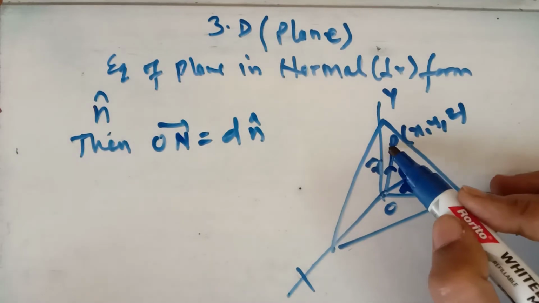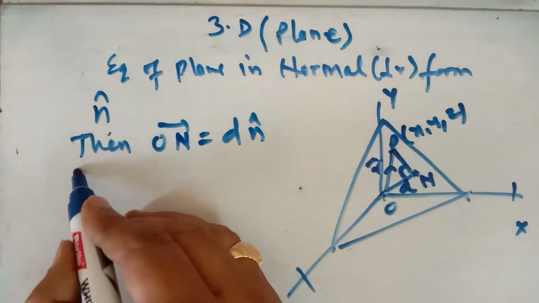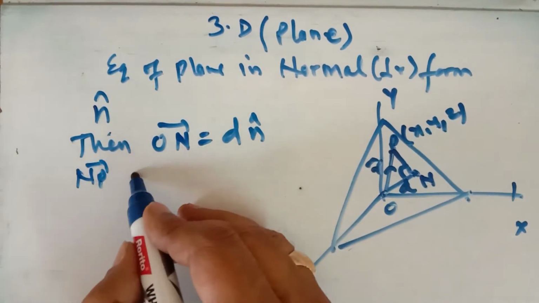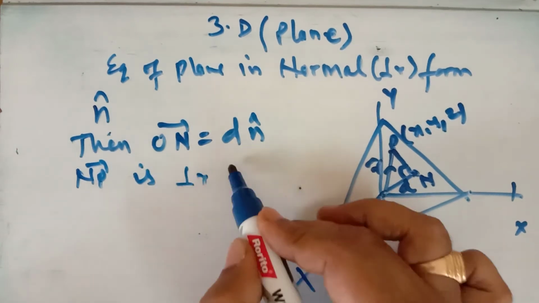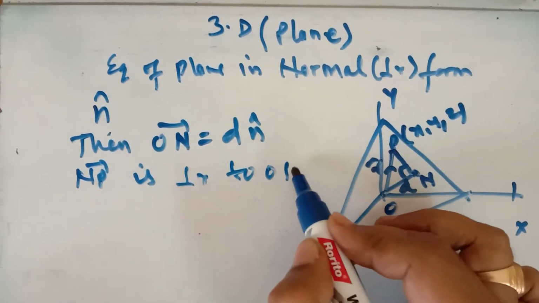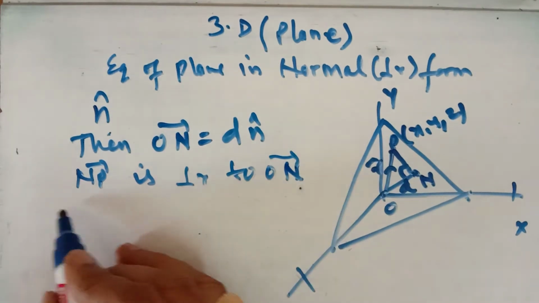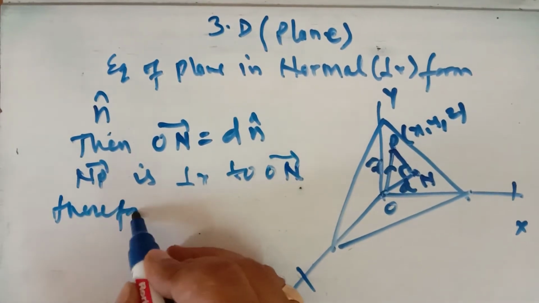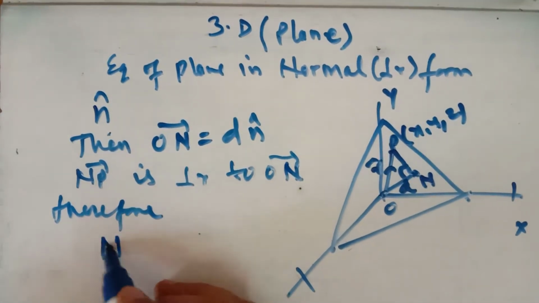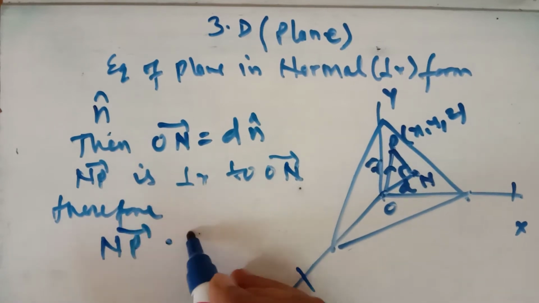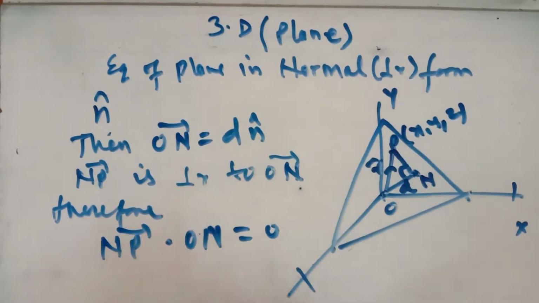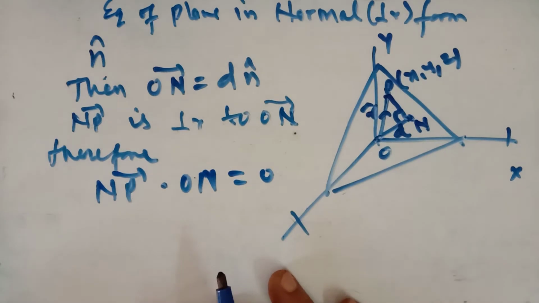Let P be any point on the plane, therefore the vector NP is perpendicular to the ON vector. So we can say that because they are perpendicular, NP dot ON will be equal to 0. That is, their dot product is equal to 0.